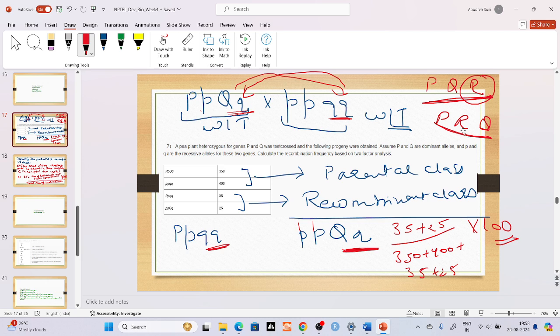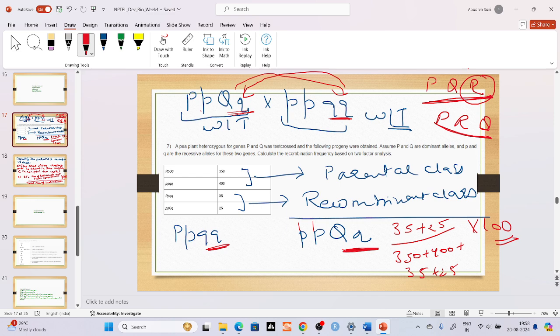For understanding how to determine the gene which is getting crossed over, I did this whole explanation: these are the wild types, these are the recombinant types, this is how you compare and find out which gene is getting crossover. The concept of which genes get crossover is similar here.